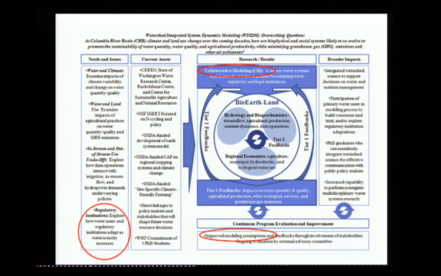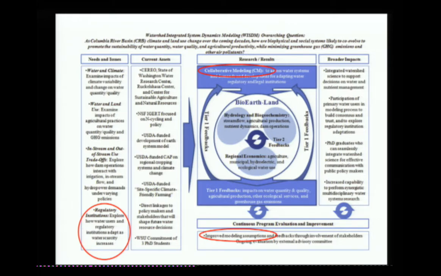So not only how a bottom-up adaptation occurs, but also how the institutions that manage water change as water scarcity increases. Up here is collaborative modeling, which is a key part of WISDM, and I think it could be said probably the centerpiece that makes it stand out from other related projects we have. So I'll talk about that.